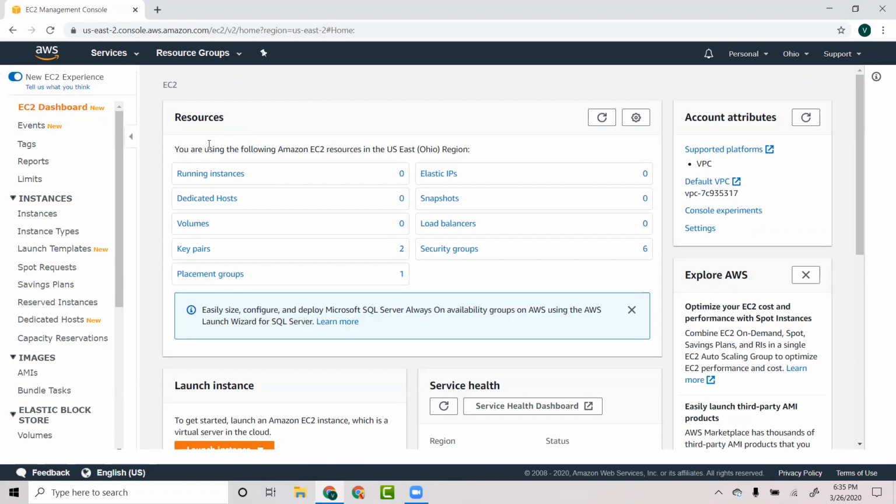There is a concept called CloudWatch. Have you guys heard of it? It's not related to EC2 actually. There is an AWS service called CloudWatch. CloudWatch helps you monitor your AWS resources.